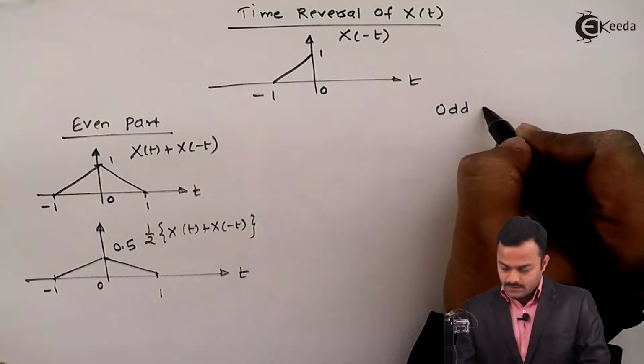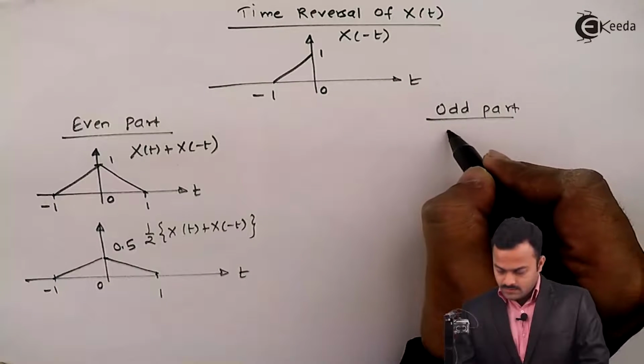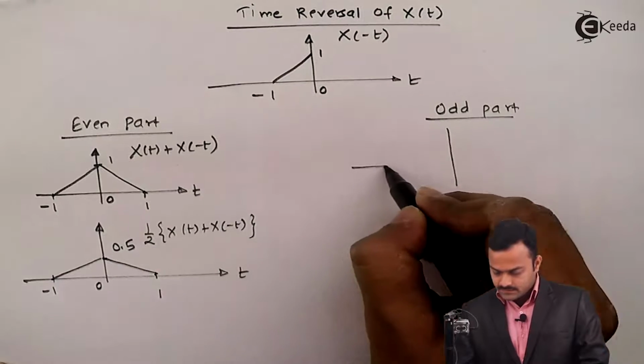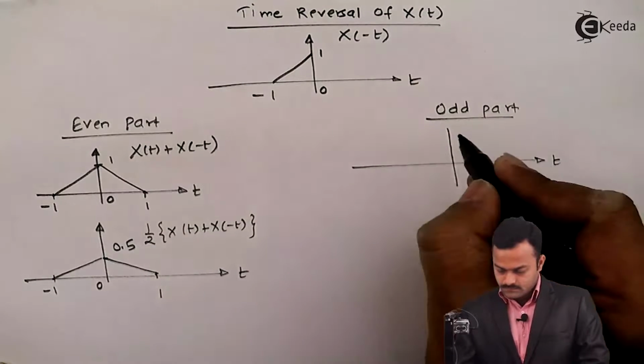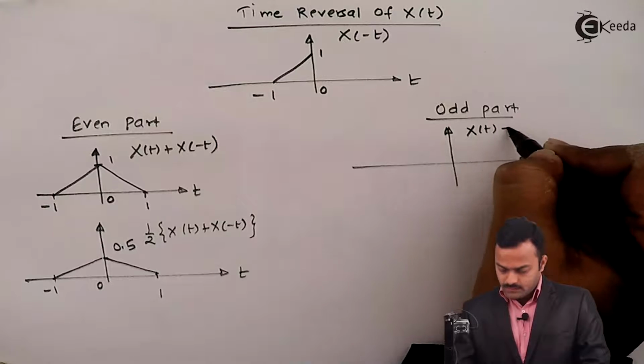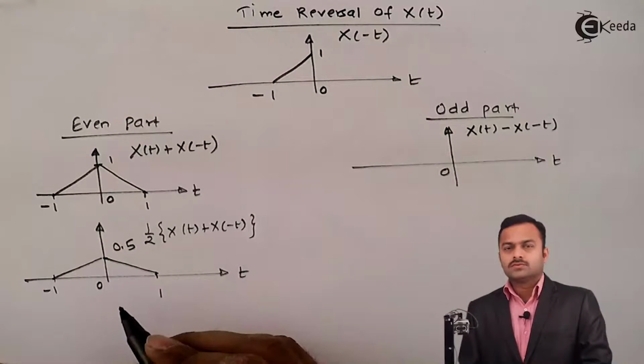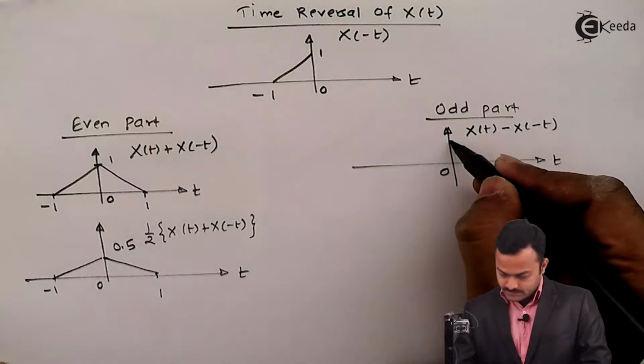For the odd part, we need to subtract the signals. So we will get signals like this. We need to get x of t minus x of minus t. So the signal we obtain will be like this.